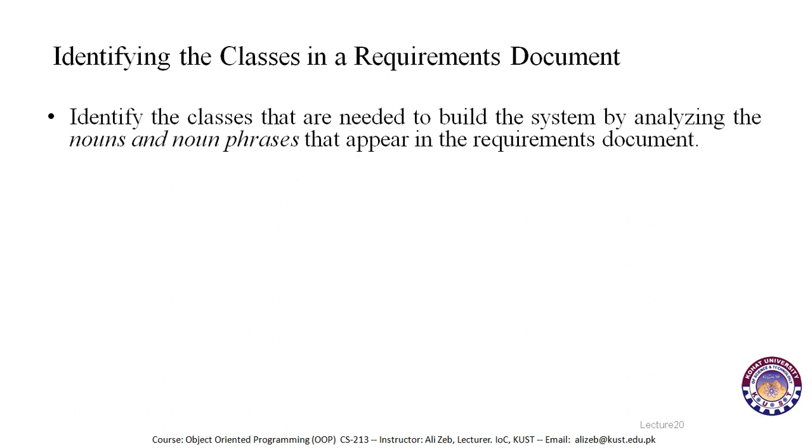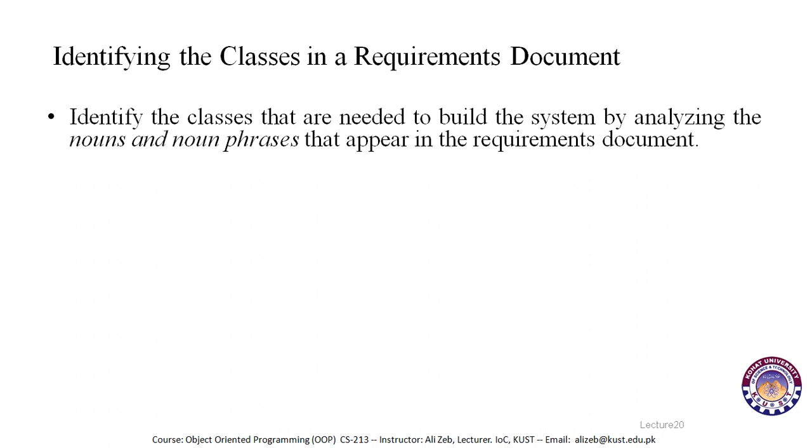Now there can be hints that are provided within the requirements document. For example, identify the classes that are needed to build the system by analyzing the nouns and noun phrases that appear in the requirements document. In a first case, you can pick all of the nouns and noun phrases in the requirements document.